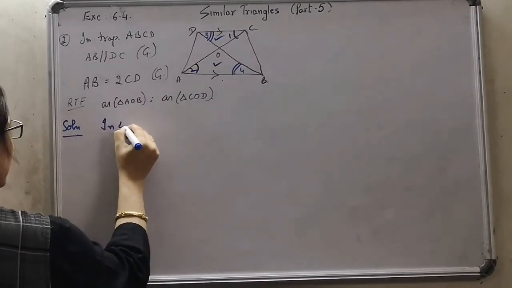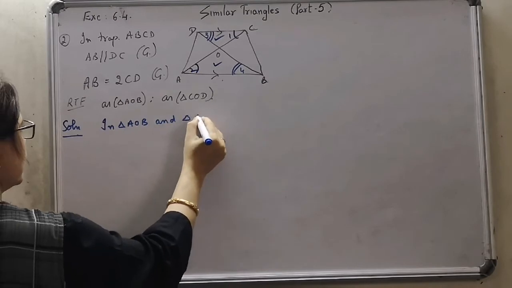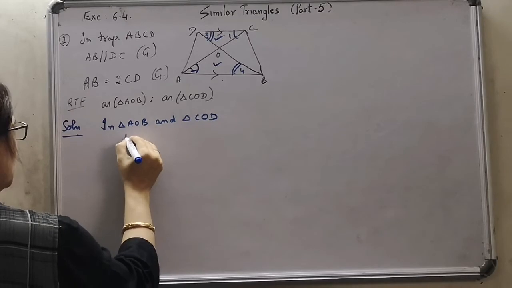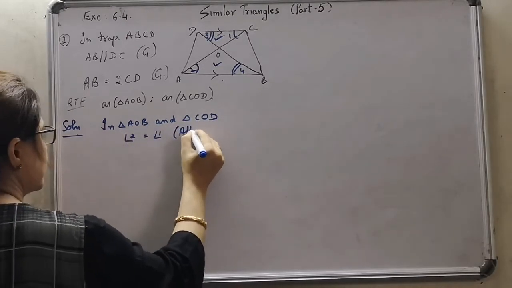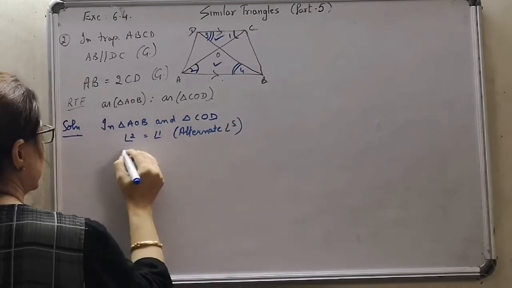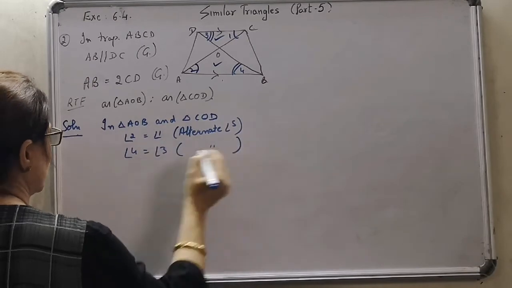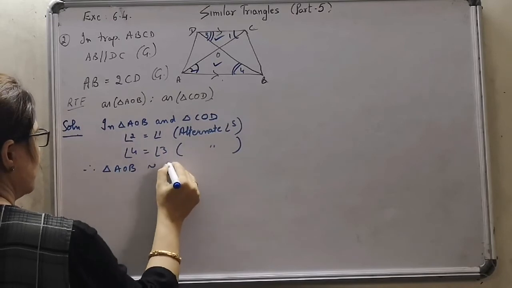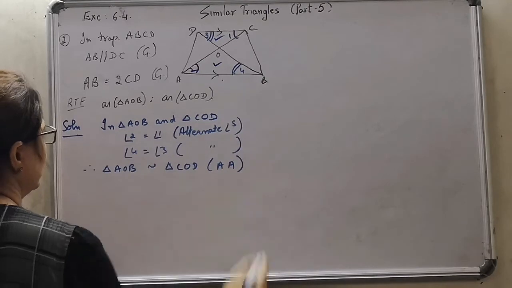In triangle AOB and triangle COD, angle 2 is equal to angle 1, alternate angles. And angle 4 is equal to angle 3, again alternate angles. Therefore, triangle AOB is similar to triangle COD by angle similarity criterion.